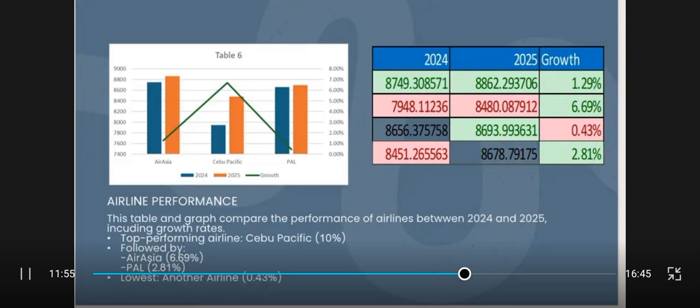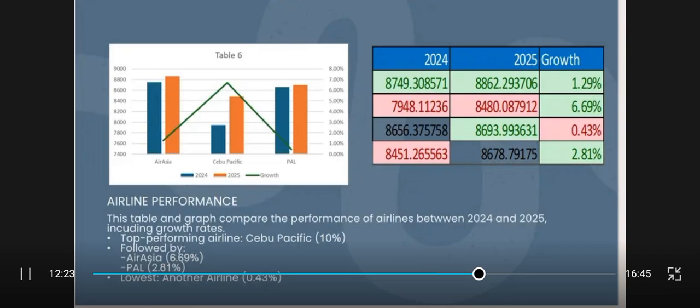In 2024 we have 8,656.37 million 57,058. Then 2025 we have 8,693.99 million 3,631. Then the growth is 0.43%.